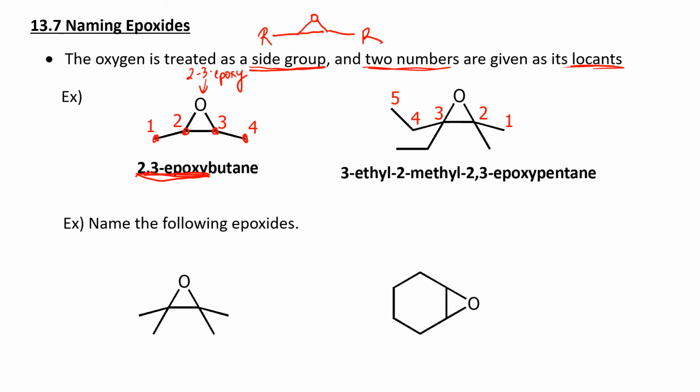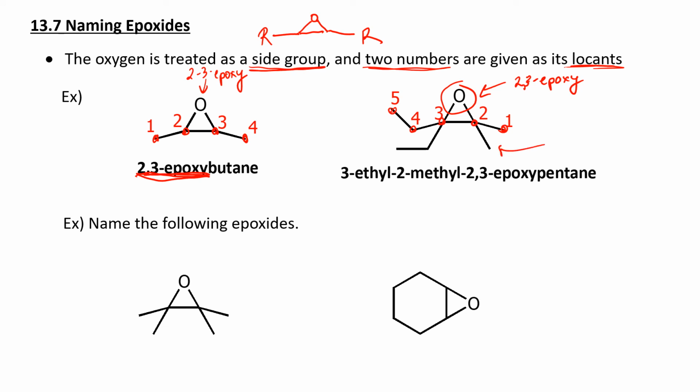For our next one, let's look for our longest parent chain. We have 1, 2, 3, 4, 5. You could have also done 1, 2, 3, 4, 5 like this, but it would give you an equivalent name, so it's the same. And it looks like our epoxy group is going to be a 2,3-epoxy.